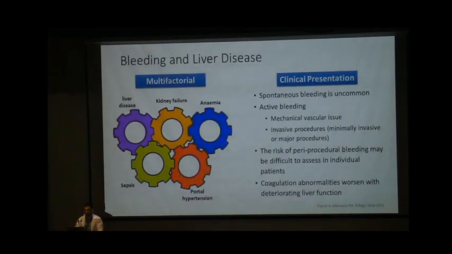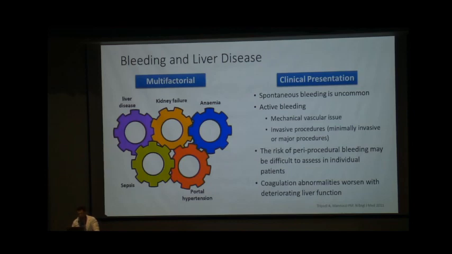Bleeding is common in liver disease and is multifactorial. It can be because of liver failure, kidney failure, low hemoglobin, sepsis, or portal hypertensive bleeding, which can be seen in patients with cirrhosis. Spontaneous bleeding is usually uncommon. Active bleeding can be from vascular tissue or following an invasive procedure.